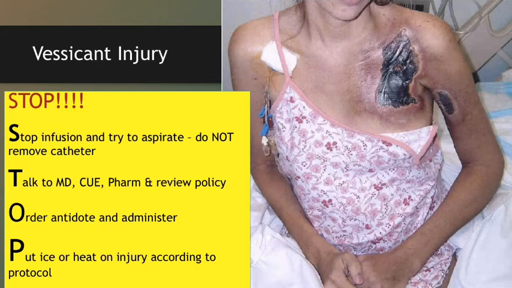So you want to order the antidote and administer it. You administer it into the line, and then around the site, kind of like when people give local anesthetics, and they stick the needle in lots of places and infuse it there. It's the same way with the antidote. And then you put ice or heat, depending on the substance, on the site, and you do not elevate it. What does elevating it do?